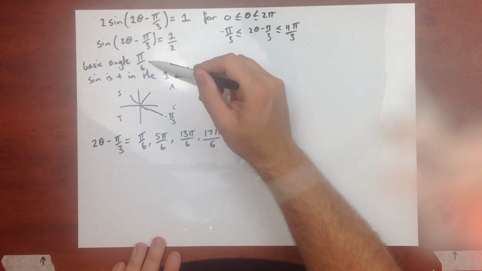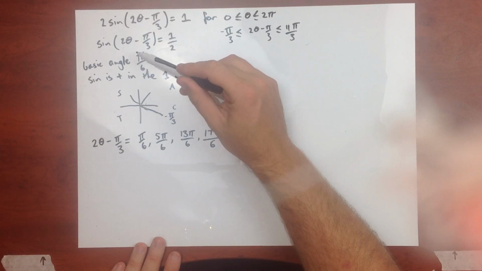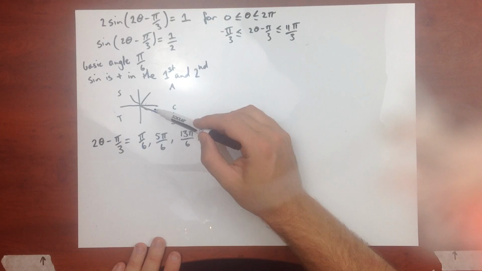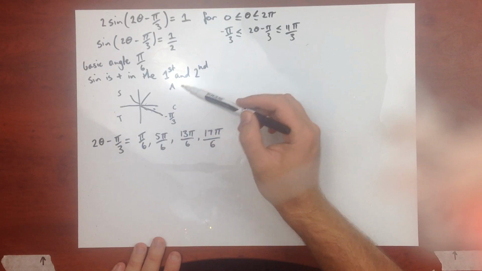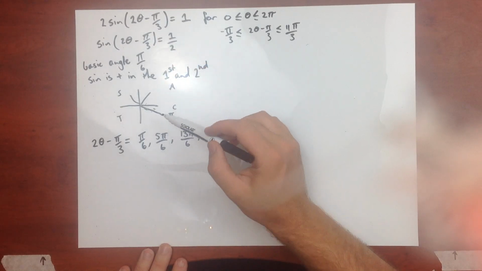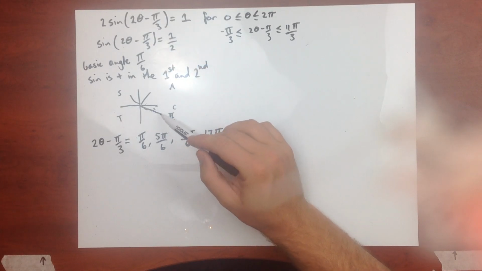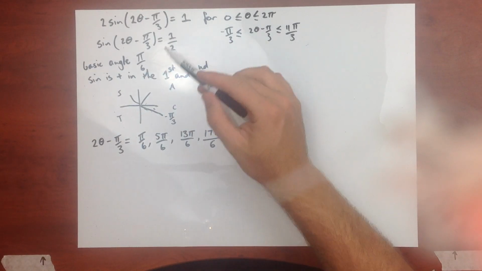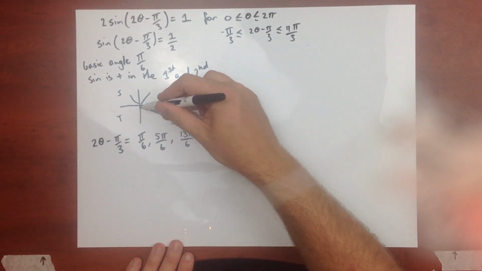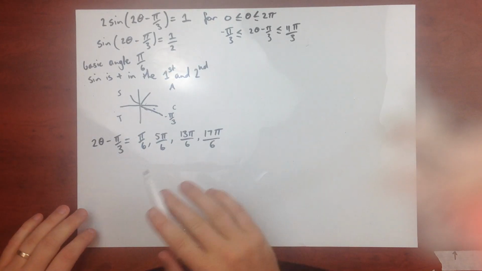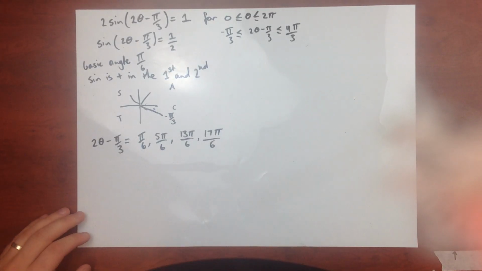We still would have been looking at our pi on 6, but with our translation of pi on 3, we would have had a solution here. But if we had a pi on 6 translation in there, but a basic angle of pi on 3, we could have been looking at a number here that's outside the domain. So it can just be a little bit tricky. You just need to be careful about whether they're inside or outside the domain.